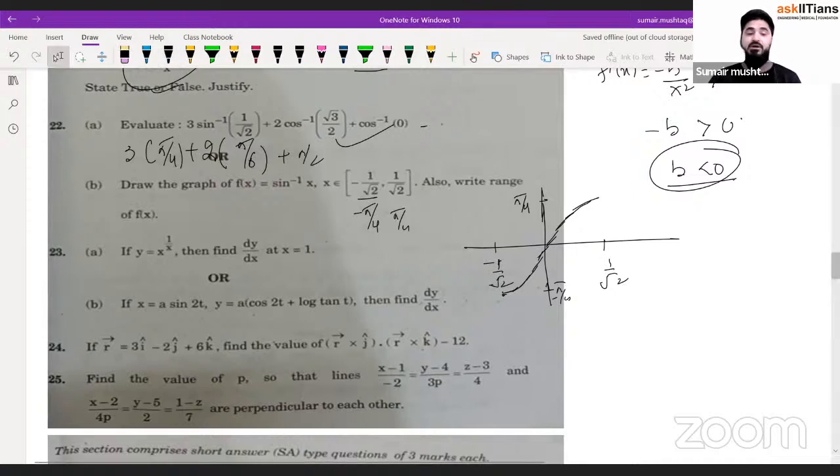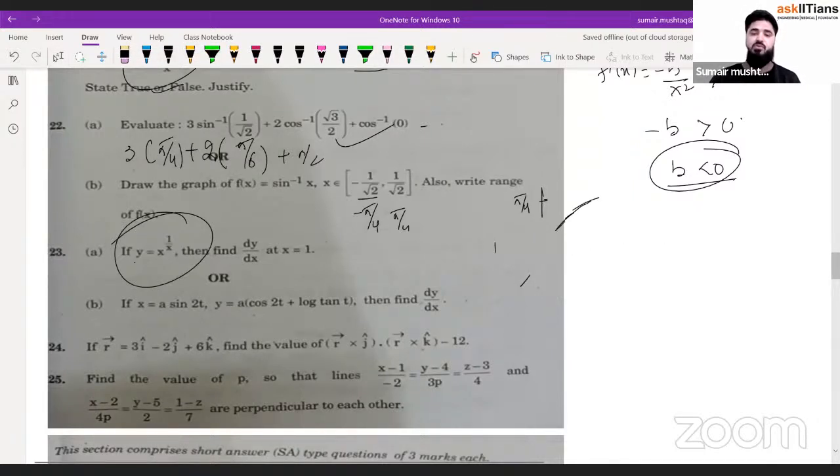See, this is the function. Y is equal to, the question itself says that you have to go for the logarithmic differentiation, isn't it? So y is equal to x to the power 1 by x. Apply log on both sides. Log of y is equal to 1 by x ln x, right? Go for the differentiation, use the product rule.